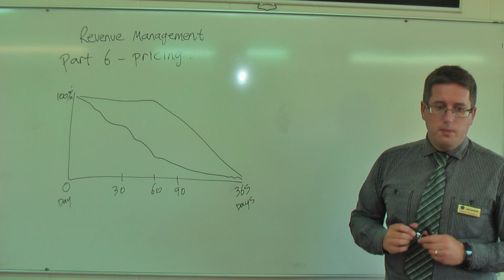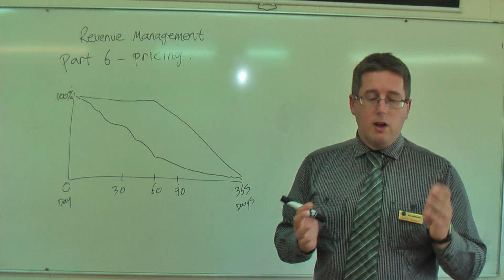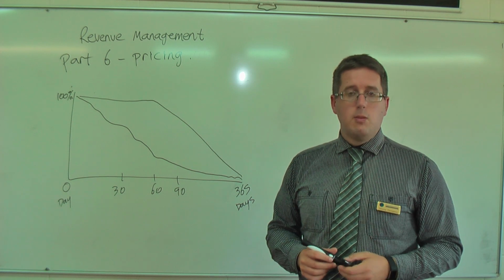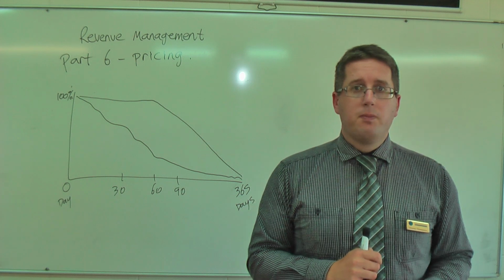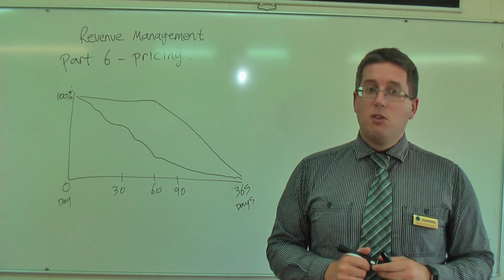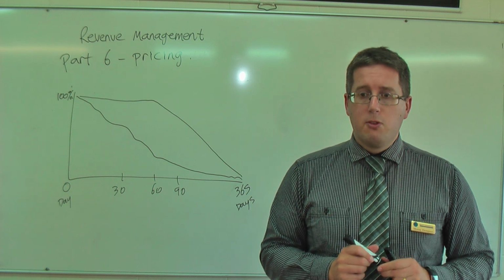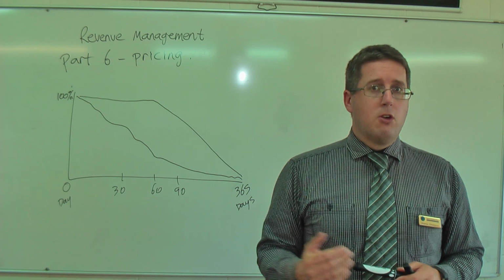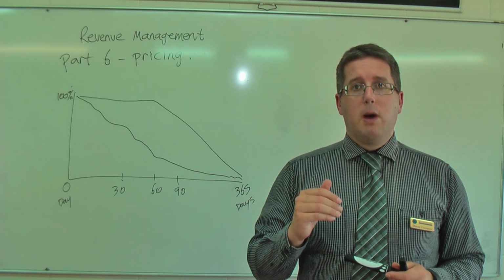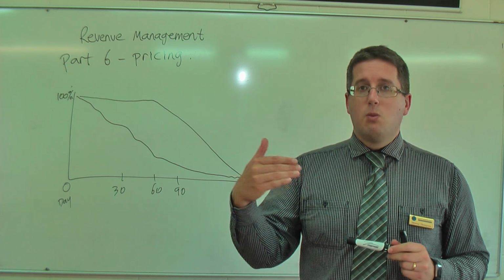Okay, other thing to think about on the PowerPoint is realised demand versus unconstrained demand. Realised demand is how many people actually come and stay, whereas unconstrained demand is how many people could have actually come and stayed if you hadn't run out of rooms. The idea is that sometimes 100% occupancy is good, but how many more could have come and stayed? And that is what you miss out.